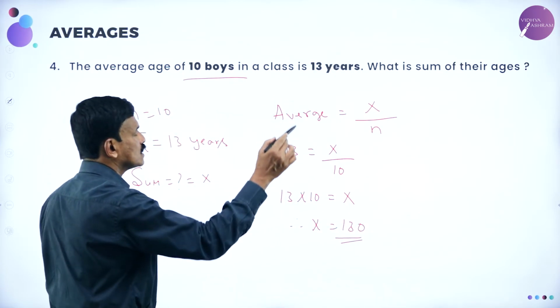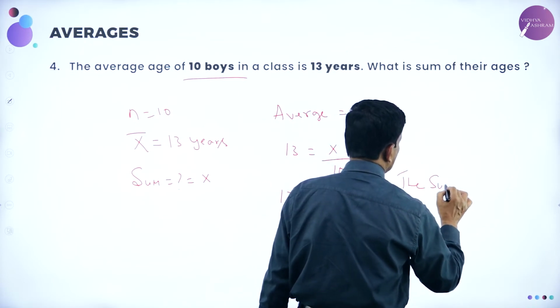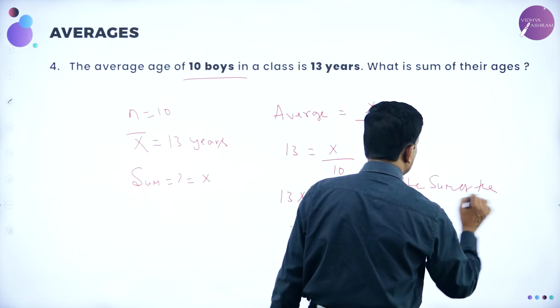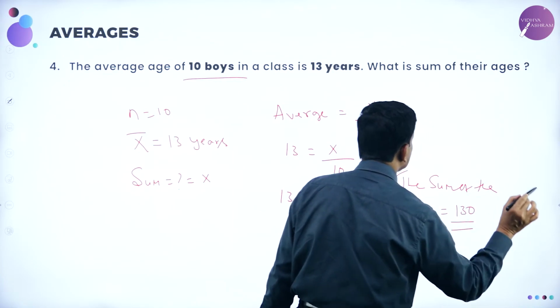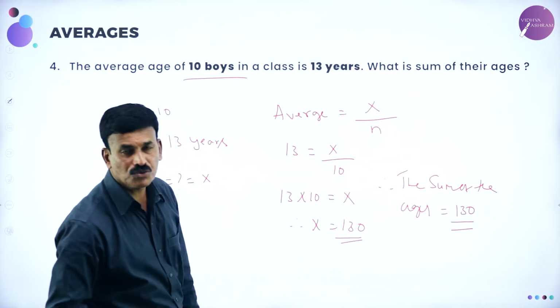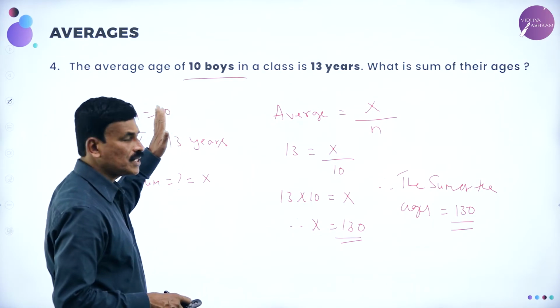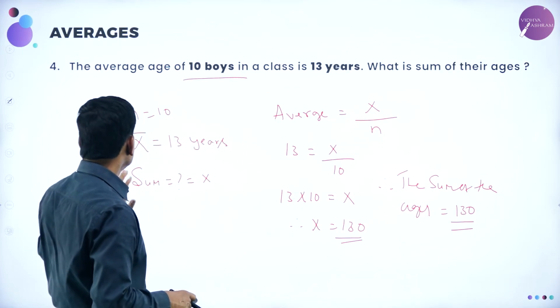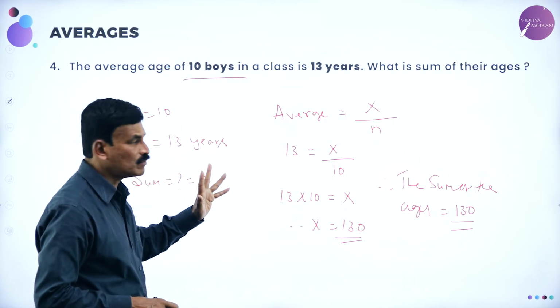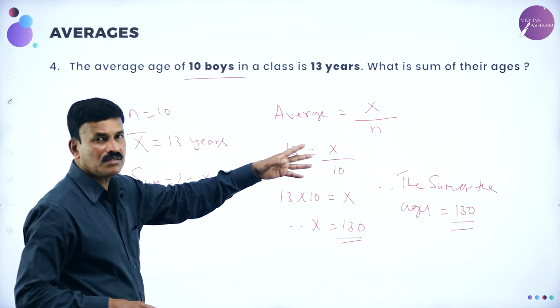That means the sum of their ages is equal to 130. That's it. See, very simple. The number of students is 10, the average age is 13 years, and the sum of the ages is to be determined. Average is equal to x divided by n.